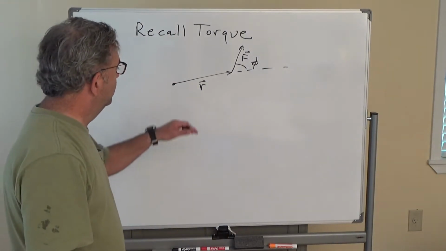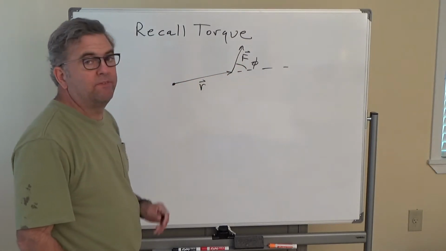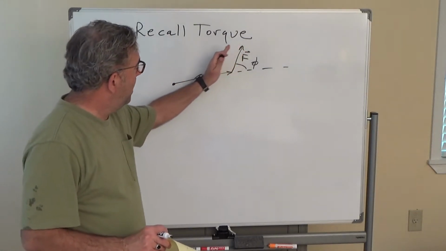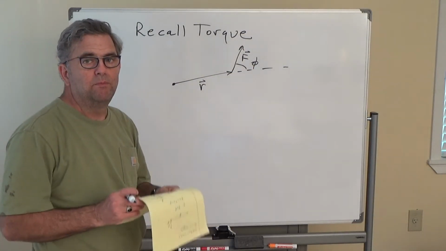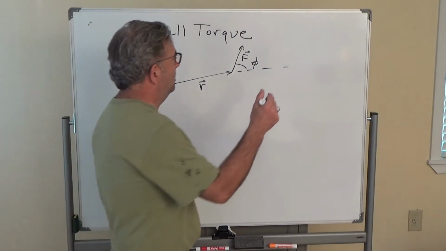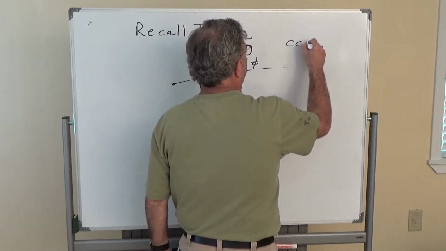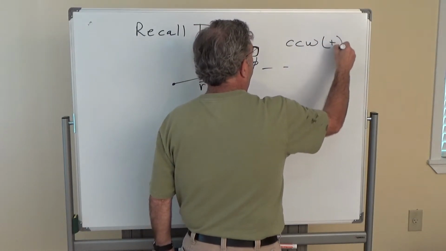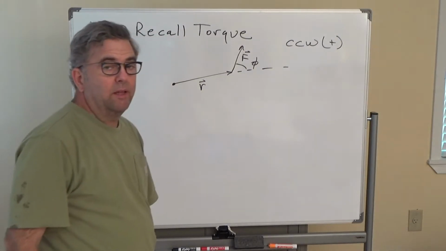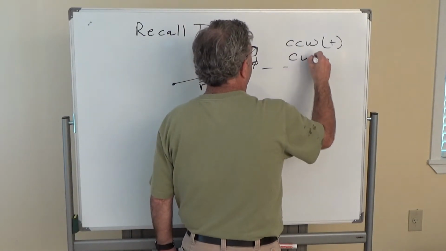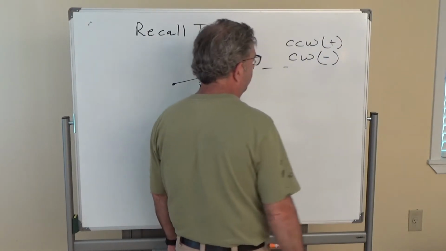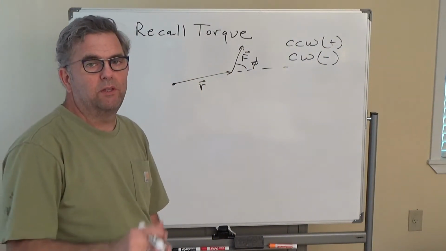So the angle is between R and F. You know, if you moved F back here, phi would be that same angle. Counterclockwise torques, if you don't remember, typically make those positive. For clockwise torques, you make those negative.